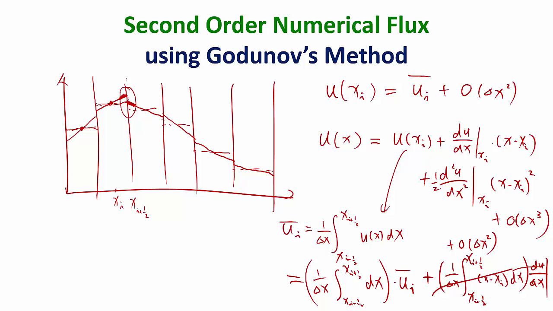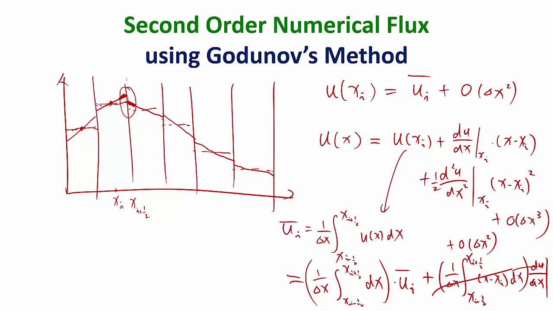Even if we have a crazily shaped control volume, that is also true. Whenever you have the centroid of the volume, the value at the centroid can be approximated to second order by the cell average itself. That is a very convenient truth that we can use in second order finite volume methods.